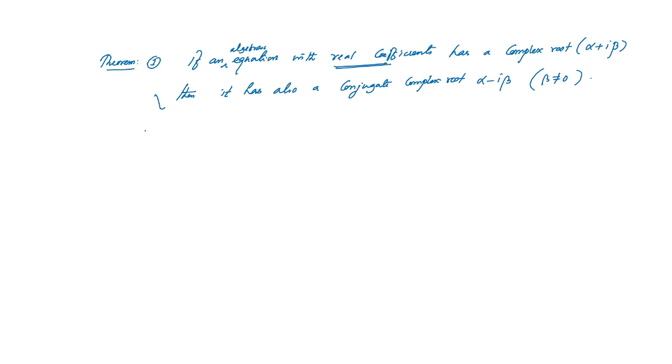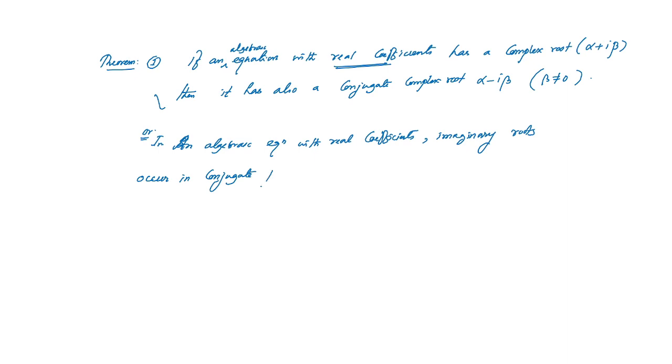So in other words, we can state it as: in an algebraic equation with real coefficients, imaginary roots occur in conjugate pairs.